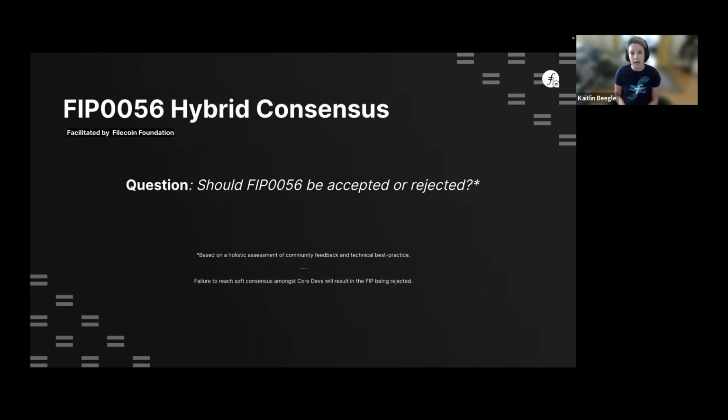if we are going to apply a principle of precaution, as BlockScience did, or a conservative point of view in deciding what is best, and whether or not this sense of community preference to reject ought to be overruled, which I don't think anyone is advocating for, but I think it is worth including as part of this discussion, there is a logic here that says that what we really need to decide is whether network conditions are objectively such that it is more of a conservative choice for us to accept and to force technical changes than it is for us to defer to what we are seeing as mass sentiment.